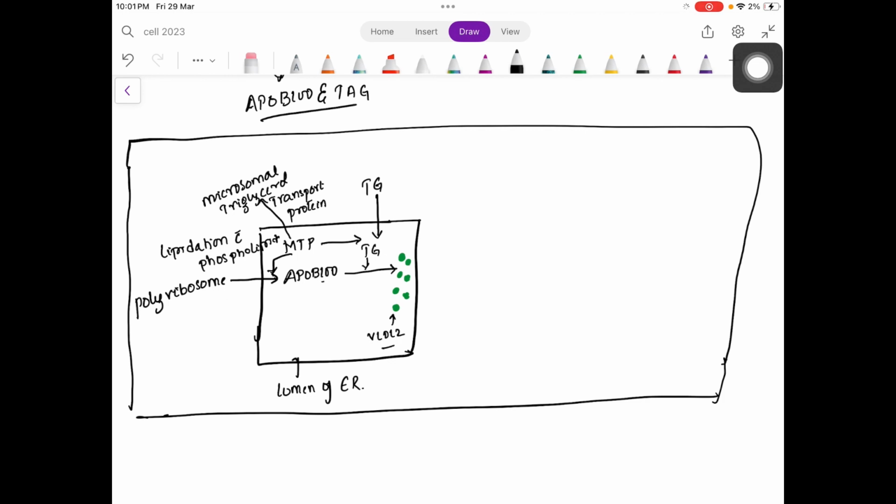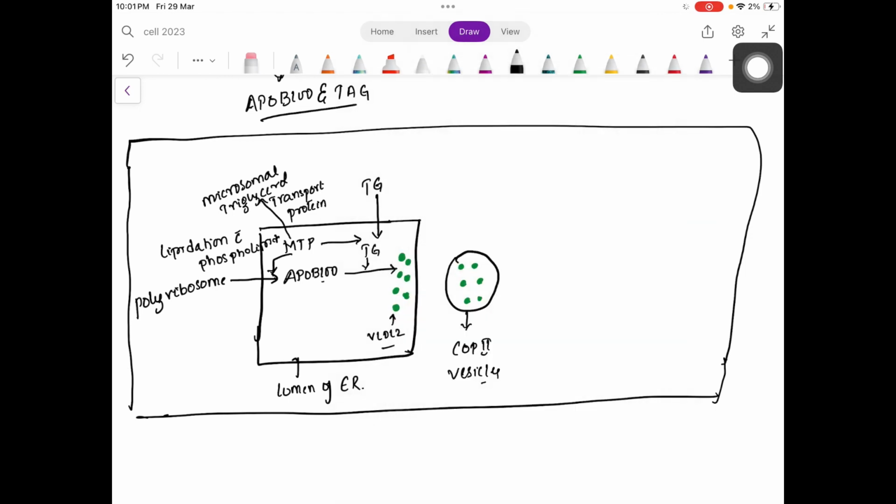Now these VLDL2 molecules will be incorporated into a special type of vesicles called COP2.